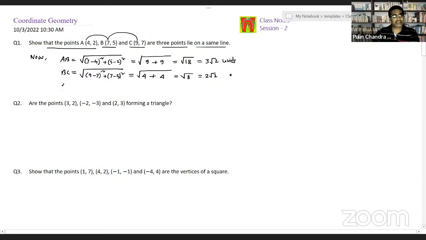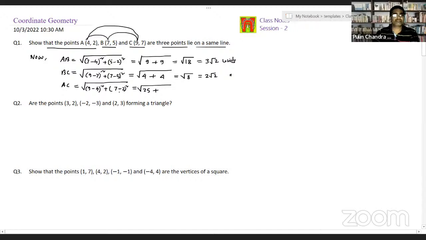And then the last segment is AC. So you find the distance between AC as well. For AC, I have to subtract 4 from 9. So this is 9 minus 4 whole square, and then 7 minus 2 whole square. So this is giving you how much? 9 minus 4 is 5, that is 25.